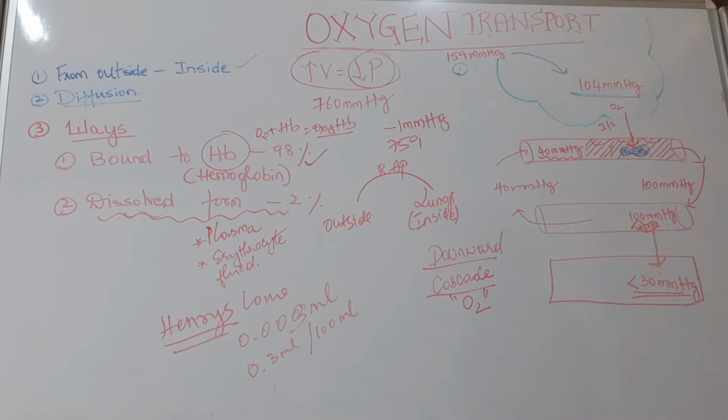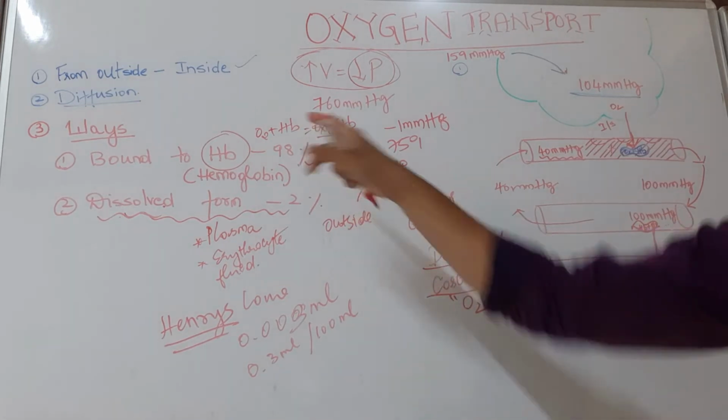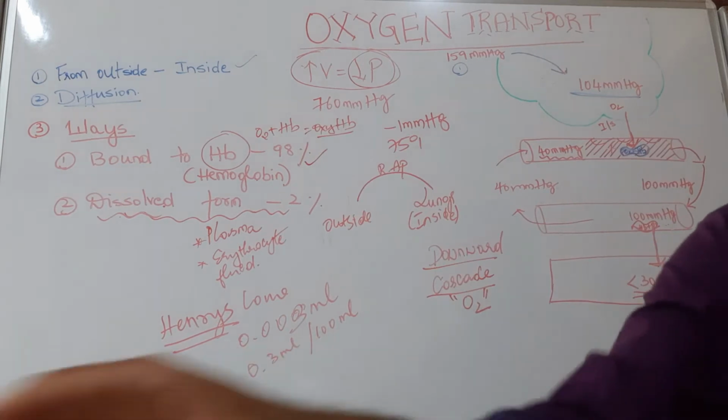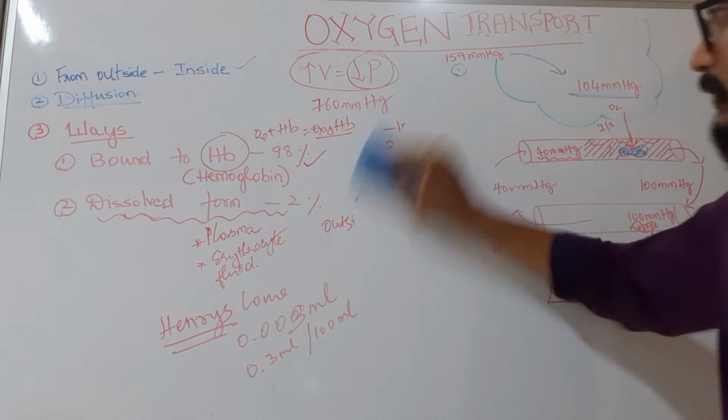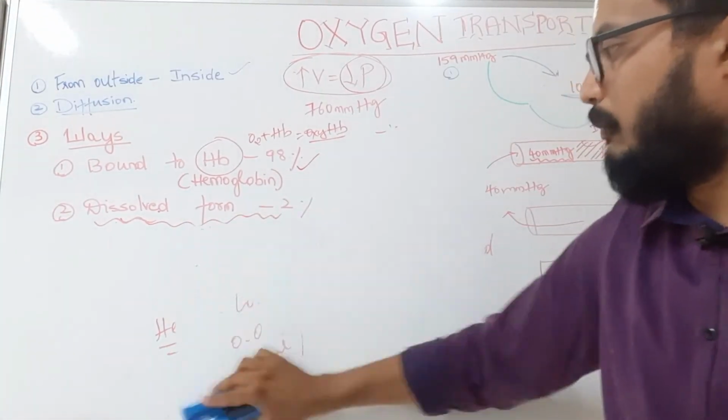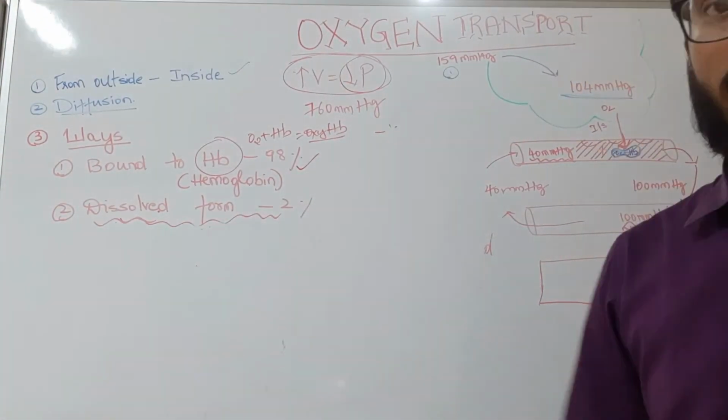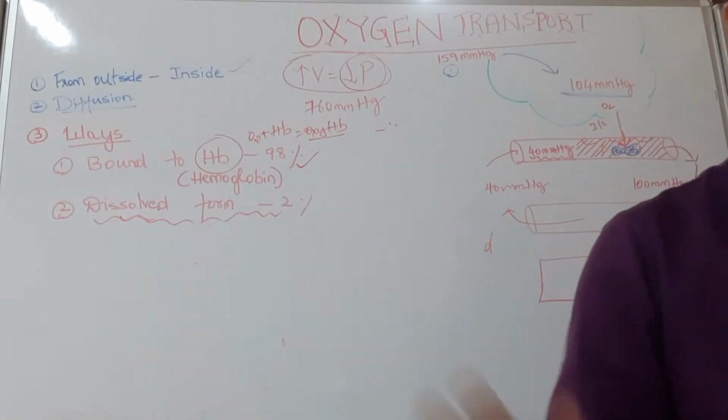So the oxygen transfer is made easier inside the body by binding with the hemoglobin molecule. So we'll discuss a few things about the movement or the transportation via the hemoglobin molecule.